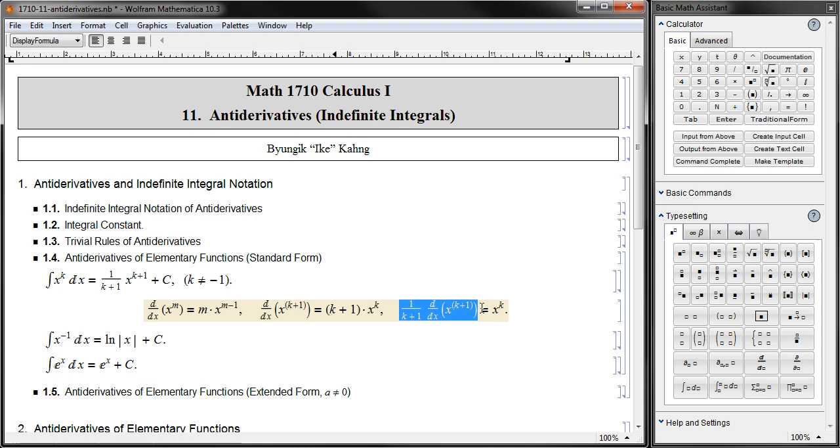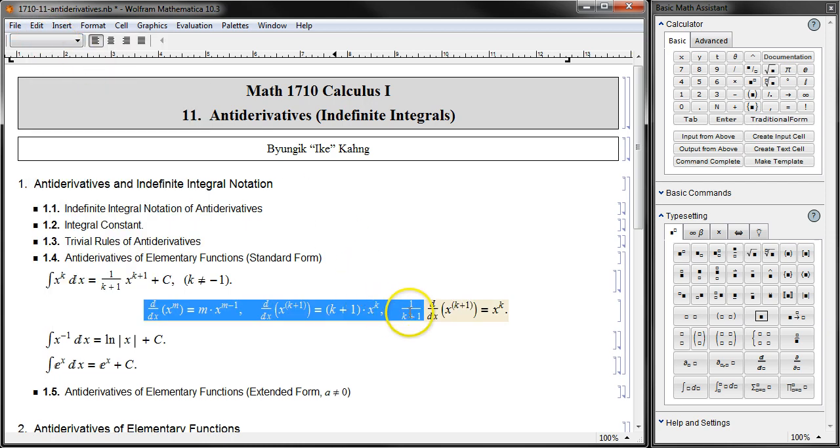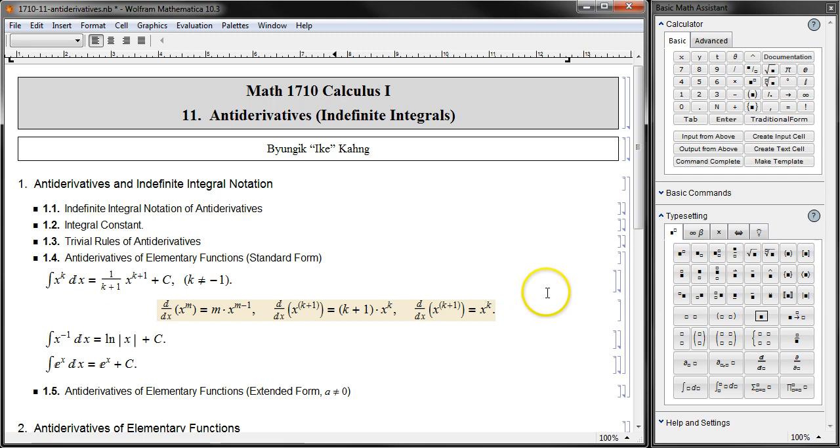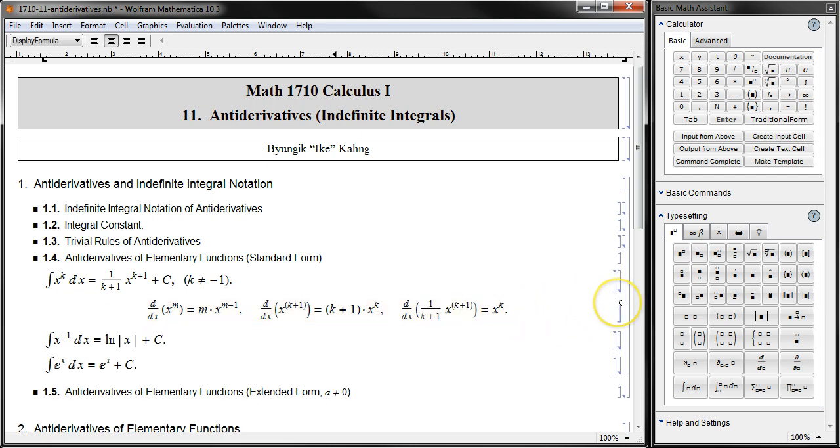If you take the derivative of this, as a matter of fact, this is coefficient, so I can just slip it inside the derivative. Okay, all right. So derivative of this is x to the k power. So this is an antiderivative.